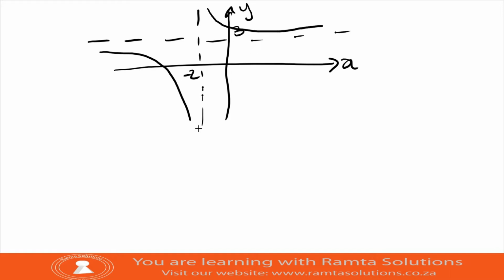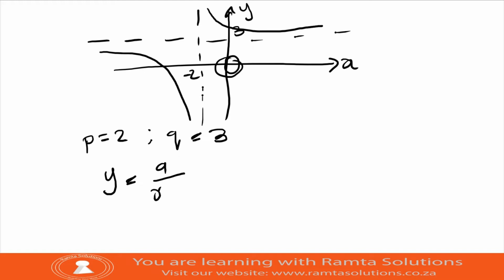Here we can say our p is equal to 2. Remember, when p is 2, it has shifted to the left. Our q is 3. So our graph would be y equals a over x plus 2 plus 3.